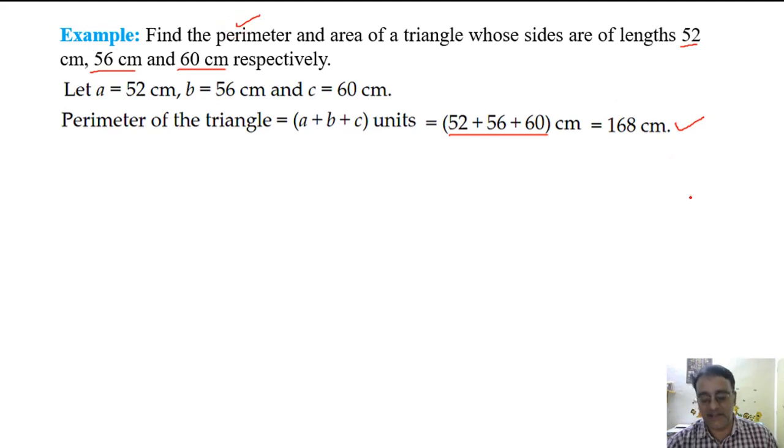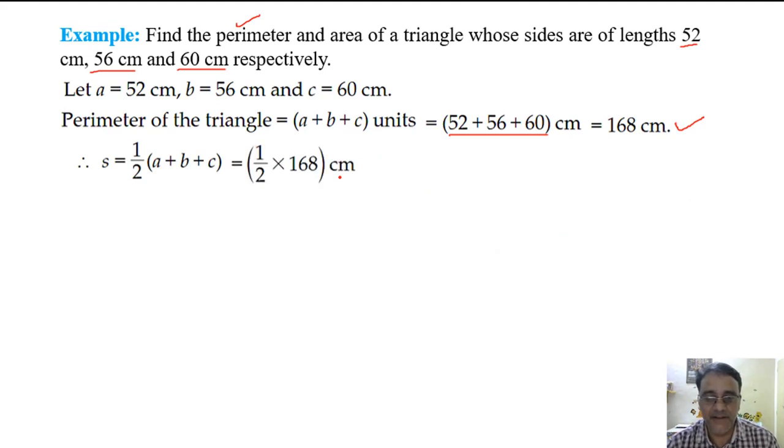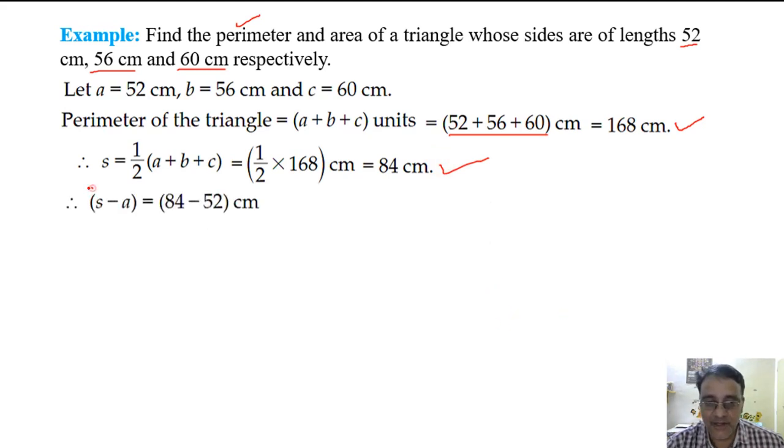Now semi-perimeter. What is the semi-perimeter here? 84 centimeters. Right, half into 168, that is 84 centimeter. Now we'll write the formula. Before writing the formula, let us see the earlier step. S minus A, that is 84 minus 52, will get 32.